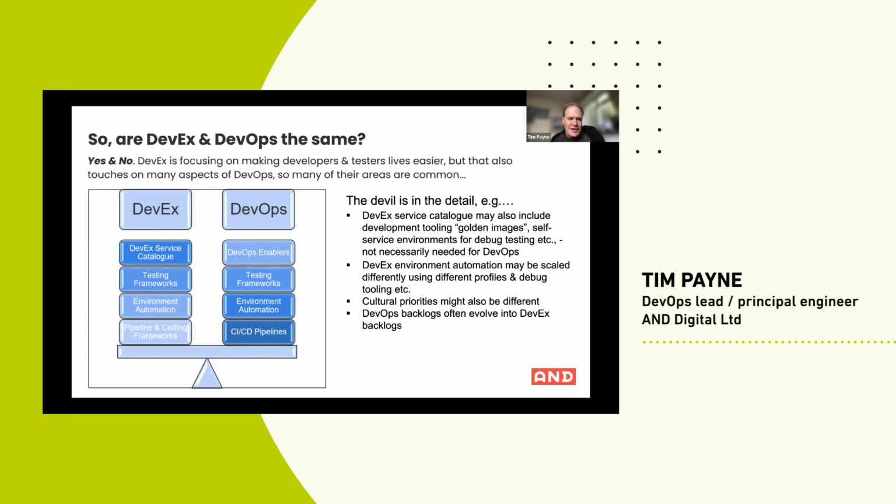You're looking at the processes that are part of the development phases of the SDLC, the testing phases of the SDLC, not so much the production deployments or maintaining the production system, but that would be within the remit of DevOps. And what you'll commonly find is DevOps backlogs often start to evolve into DevEx backlogs. So the goals are generally the same. It's just the details and the ways you get there that will be different. So the scope will be different, but the goals are the same.